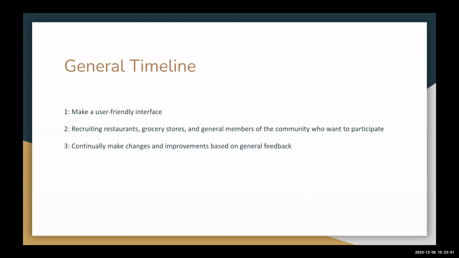And then once the app is up and running, being able to continually make changes and improvements based on feedback. So I would definitely want to implement discussion forums and have a very obvious place where people can leave feedback and even make changes themselves.